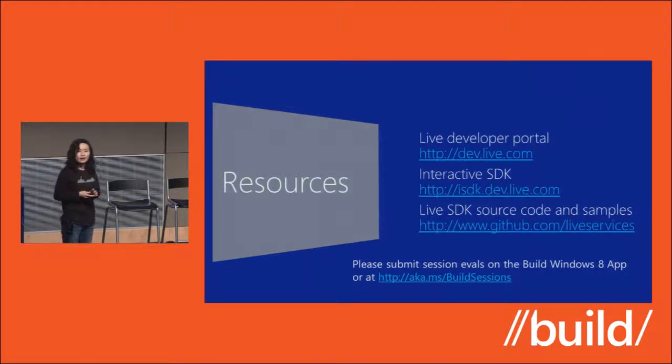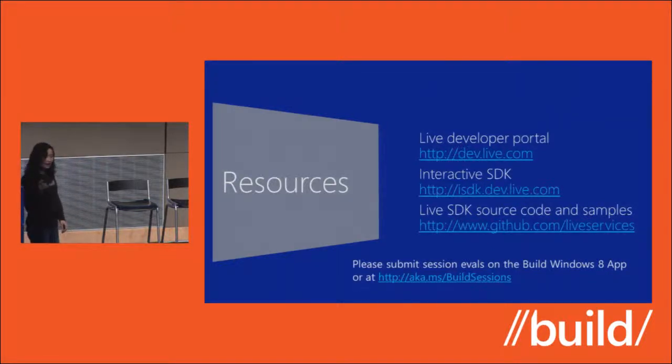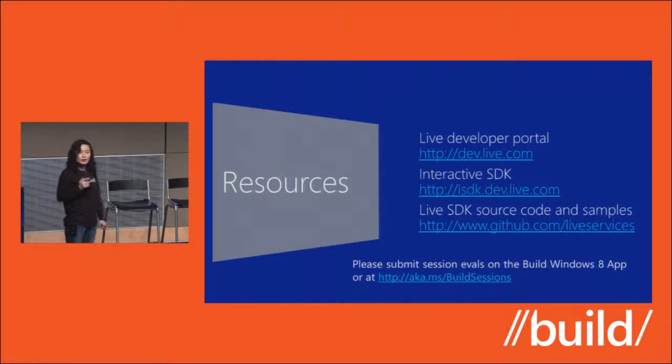Resources. If you need more information about how to implement all the scenarios we talked about today, you can go to our live developer portal, dev.live.com, which has all our documentation, our samples, and links to all documentation, samples and source code. We have an interactive SDK. This is kind of like an API playground where you can go and try out different APIs we offer and see what results they return.